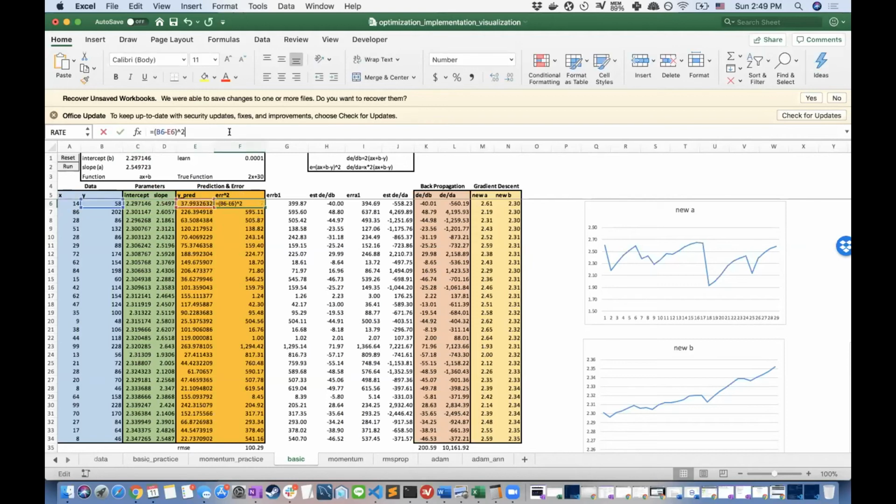And this is the square, your actual target minus your prediction, squared, okay? And so that's your prediction error.